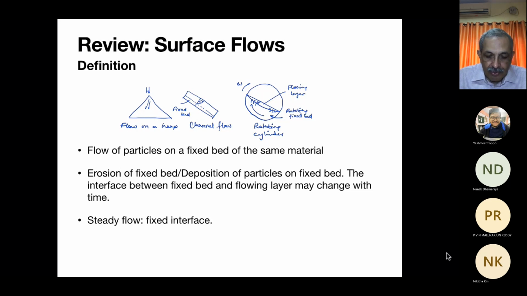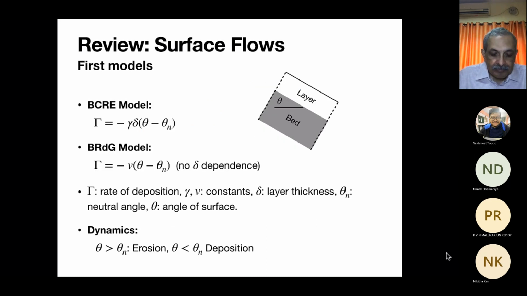Of course, when there's steady flow, the interface just becomes a fixed interface and doesn't change with time. But in many cases, this interface may change with time, and so we have to understand the rate at which things deposit and the rate at which they are eroded away.